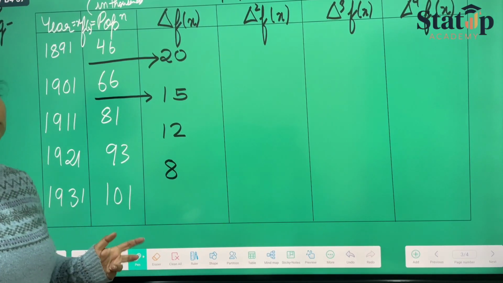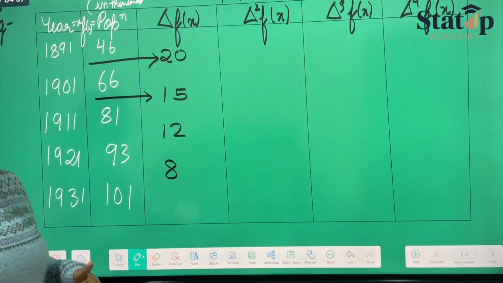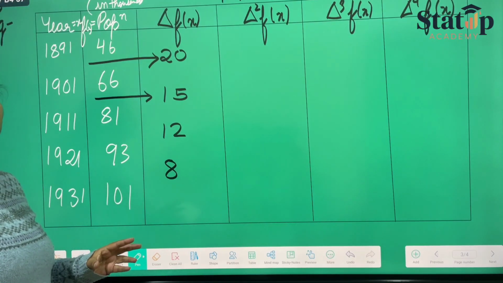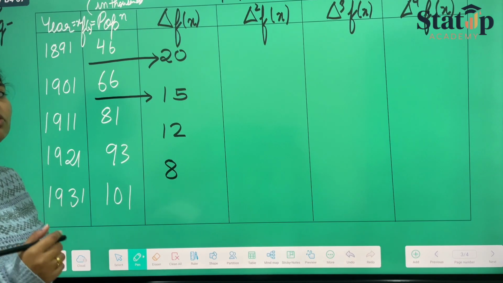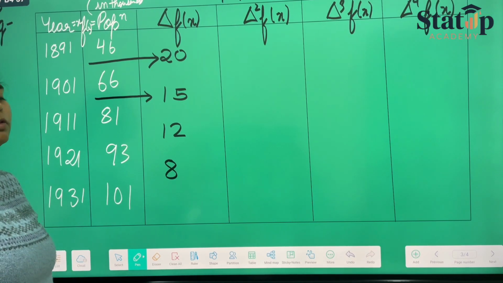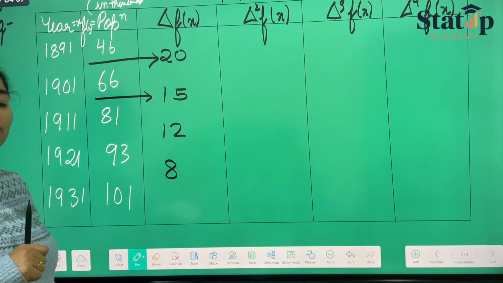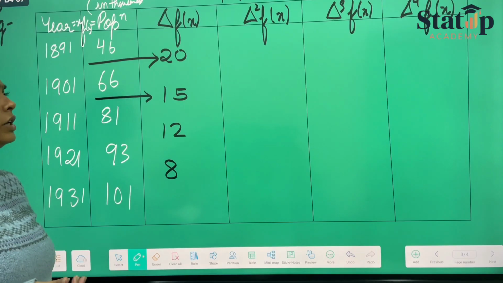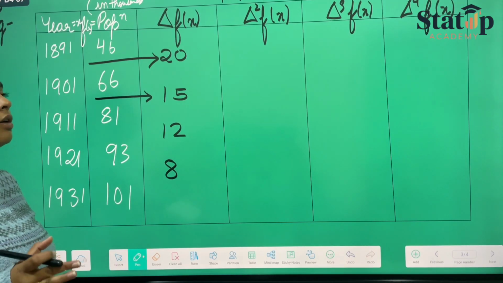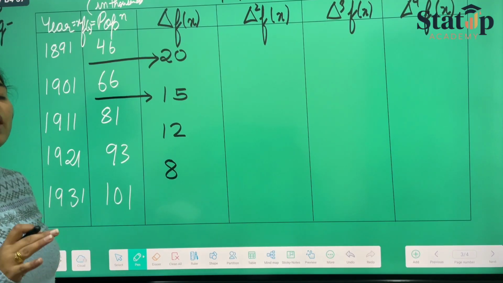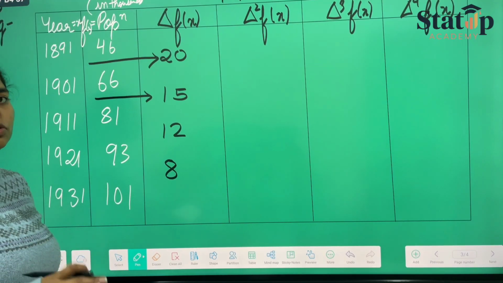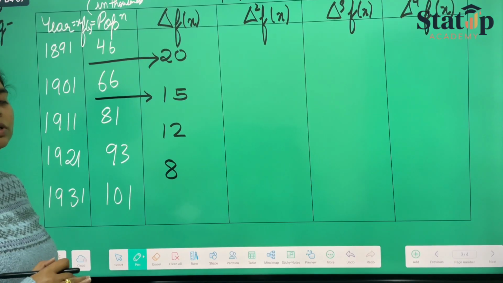Since the question paper is of objective type, not much work will be required. In this question, it is required to calculate delta raised to the power 4 fx, but in that you will only be required to do 2 or 3, maximum 3, not more than 3. If it is for more than 3 or 4, 5, then you can simply ignore that question and don't waste your time on these kinds of questions.